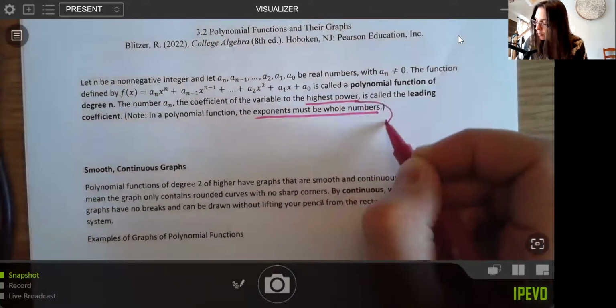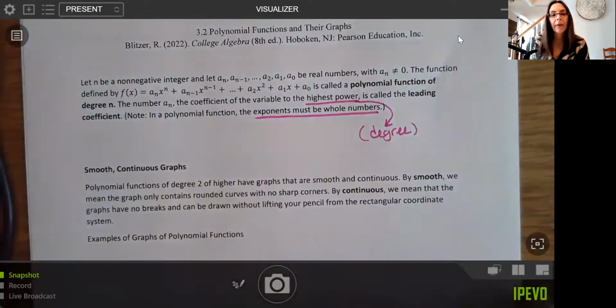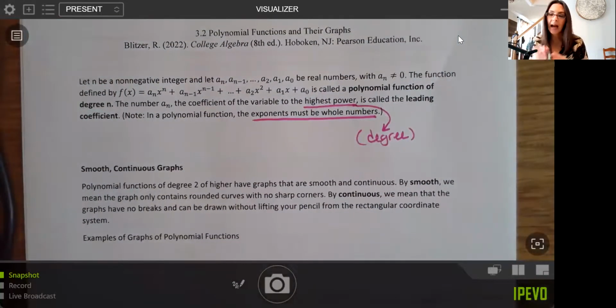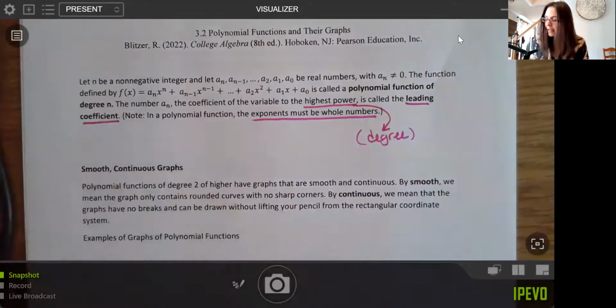It gives us the degree of the polynomial. This is a little side note here. In x, so if you have just one variable, that highest power will give you the degree of the polynomial. And that highest power also contains the leading coefficient. And the leading coefficient is that first number that's associated with that highest power.